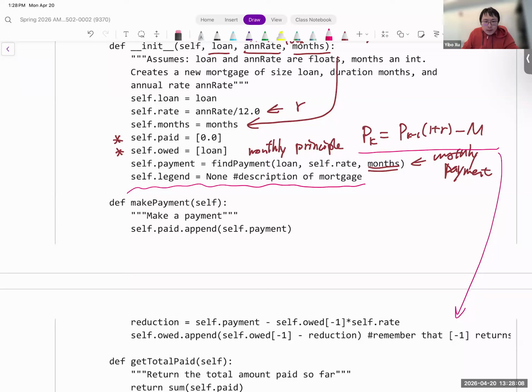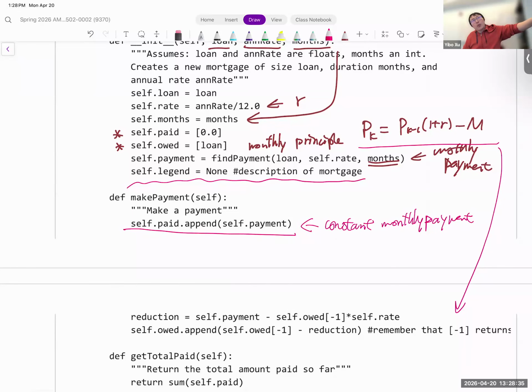So if you look at the operation here, what do we do? For the payment, it's going to be the constant monthly payment here. And every time I'm just appending one value here, so it's going to be a constant throughout. This is for the sake of computing, up to a certain month, how much I have paid in total.